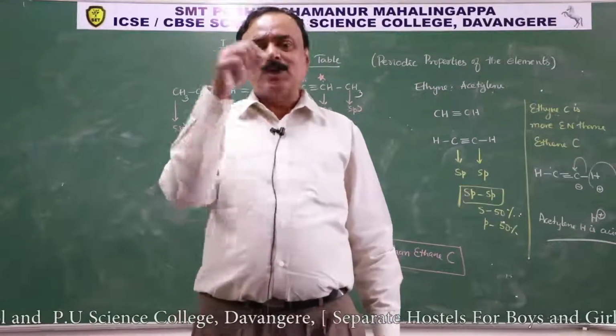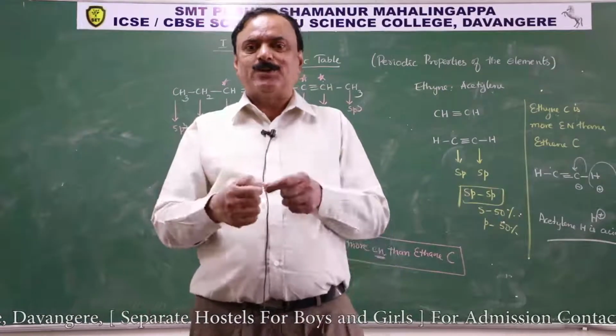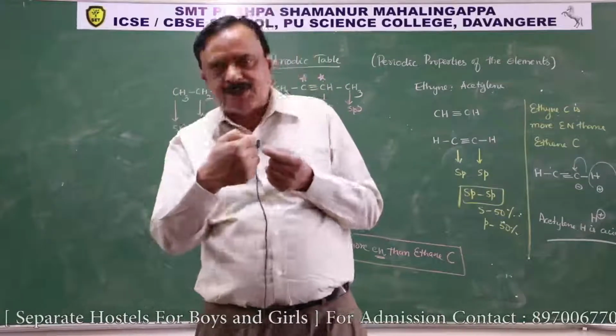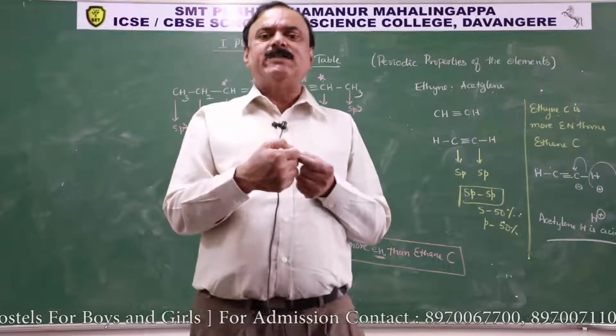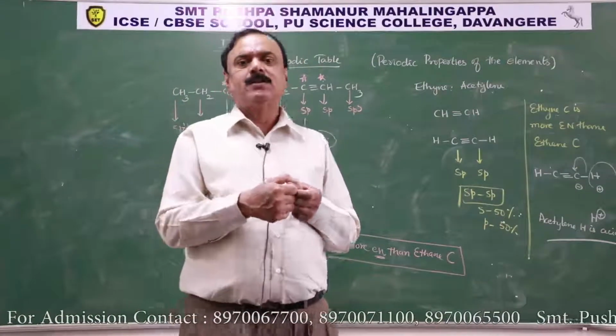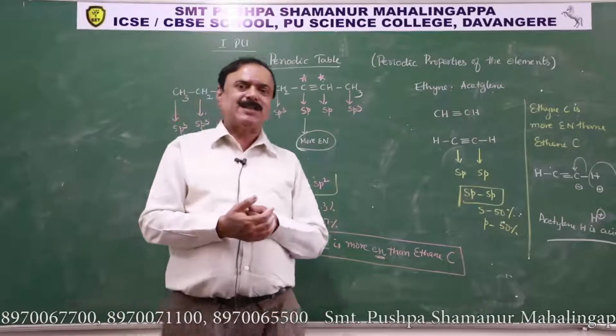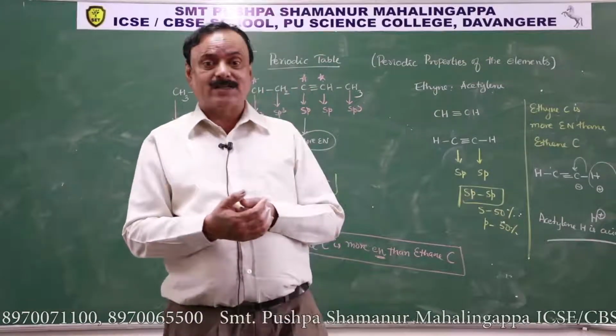Reason: the acetylene carbon is electronegative carbon, therefore it has the ability to withdraw the shared electrons towards it. When it withdraws the shared electrons, hydrogen is released as a hydrogen ion. Therefore proton donors, proton generators, are called acids.